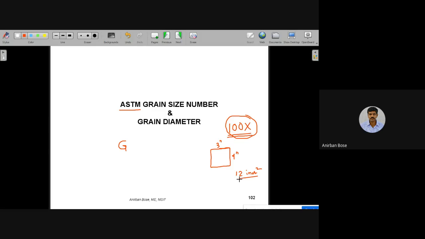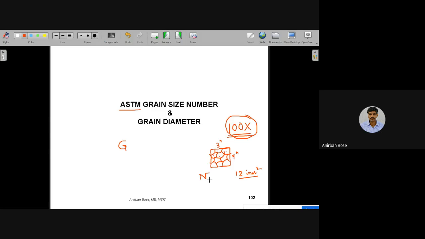But definitely, at 100 magnification, we have to count within that region how many grains you are observing, how many grains there are within that area. So you have to simply count 1, 2, 3, 4, like that. Suppose there are capital N grains present.